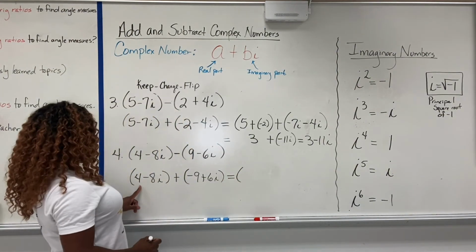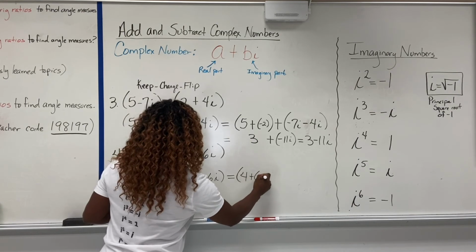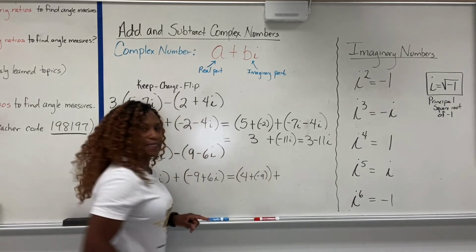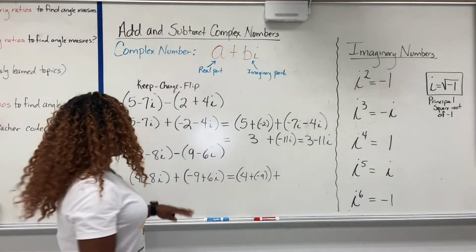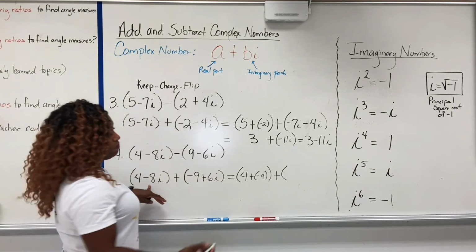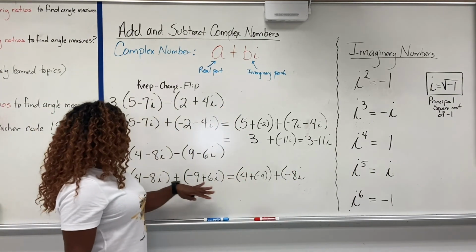So I've got 4 plus a negative 9, and we're adding these because we did the keep, change, flip. Now let me put my imaginary parts together: negative 8i plus 6i.